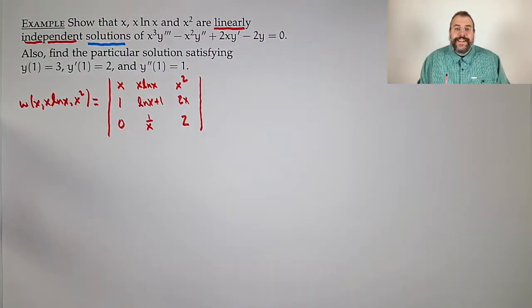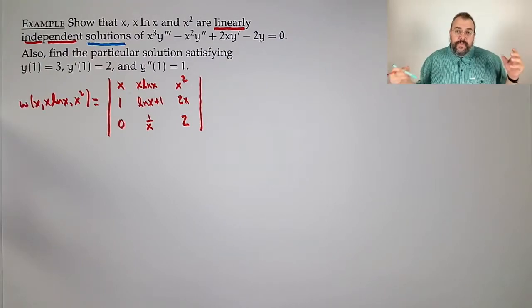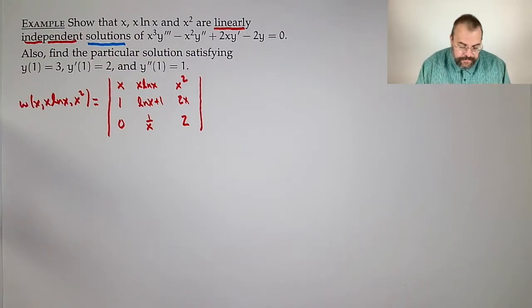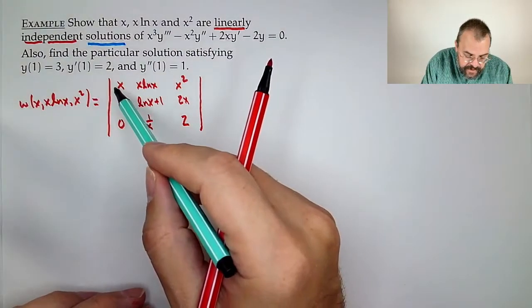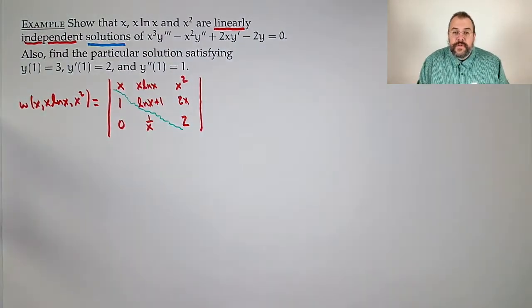All right, now we need to take this determinant. The way I like to do determinants is just diagonals. Now this works for 2 by 2 and it works for 3 by 3. And the good news is, in practice, that's usually all we have to get to. So now let's do it. Going down the diagonals, I have x times log x plus 1 times 2.